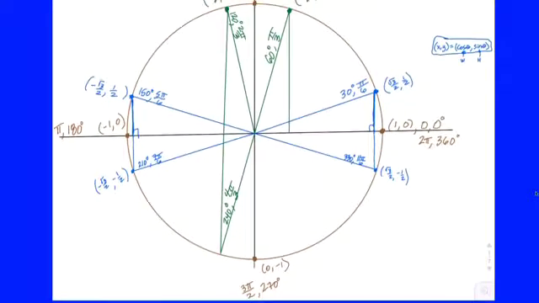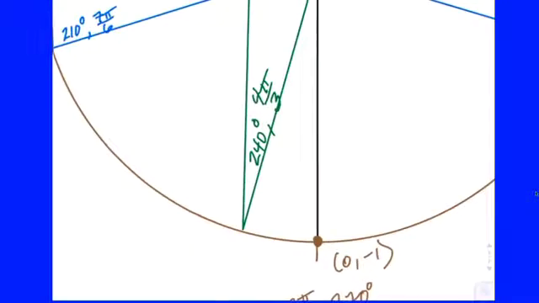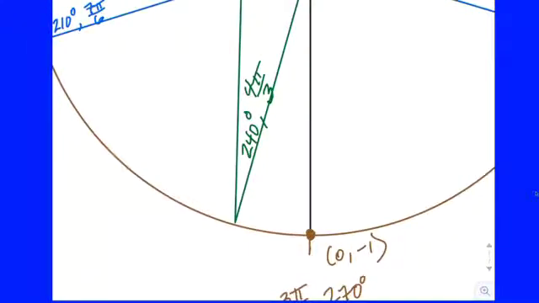Okay? It's the exact same triangle, but now we are in quadrant 3 where it's negative, negative. So that's negative a half, negative square root of 3 halves. What is cosine of 4 pi thirds? Negative a half. What is sine of 4 pi thirds? Negative square root of 3 halves. Good.